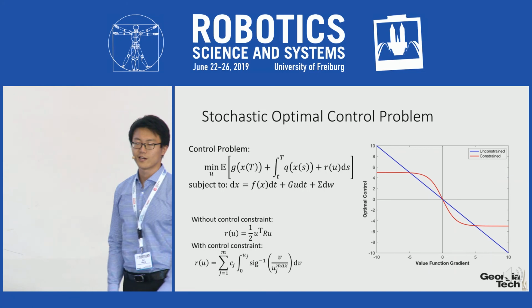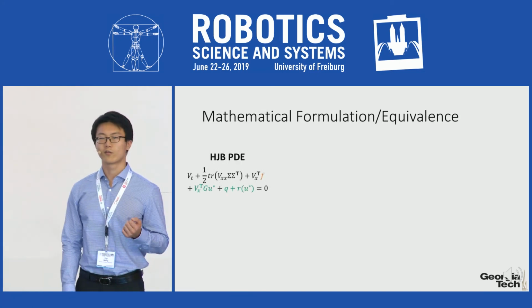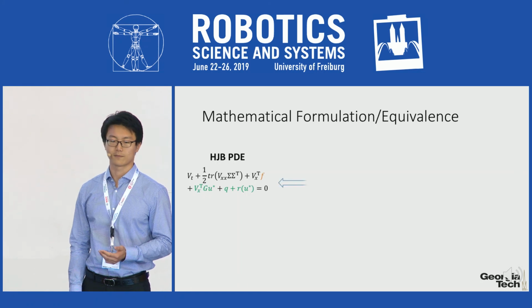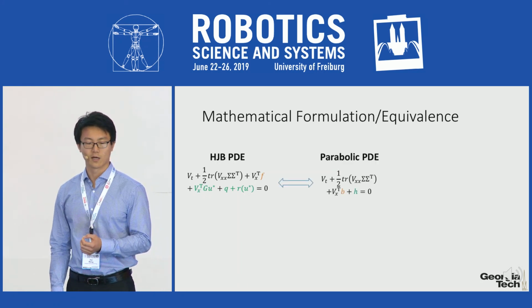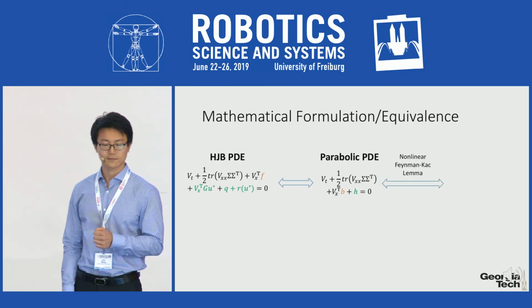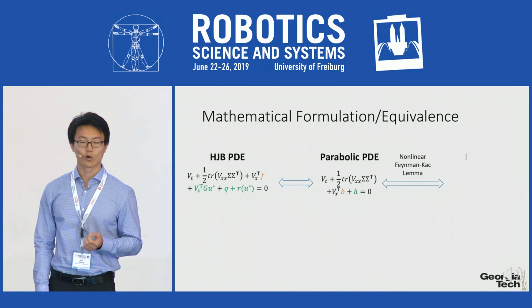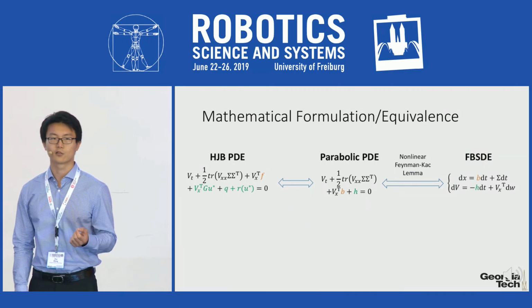Now let's go through the derivation with the flowchart. Given the HJB PDE, we can first rewrite it as a parabolic PDE. And then, applying the nonlinear Feynman-Kac lemma, we can turn this parabolic PDE into the FBSDE, where the backward process corresponds to the value function. And here, the forward process corresponds to the uncontrolled dynamics.